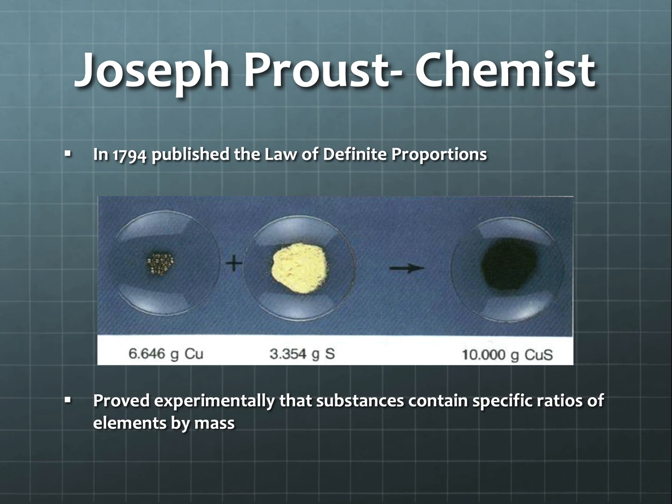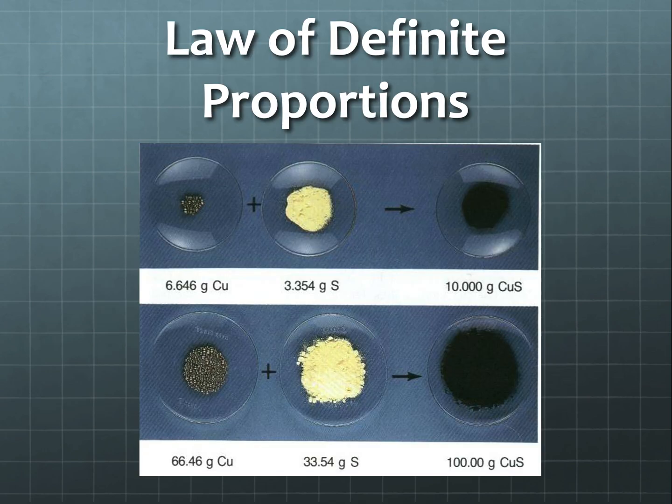So every time copper and sulfur come together, there will be 6.646 grams of copper and 3.354 grams of sulfur for every 10 grams of copper sulfide, or CuS. You can see that here. Even if I wanted 100 grams of copper sulfide, I would need 10 times the amount of copper and 10 times the amount of sulfur.